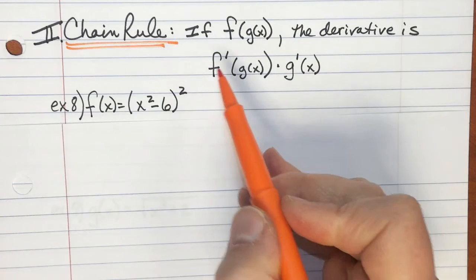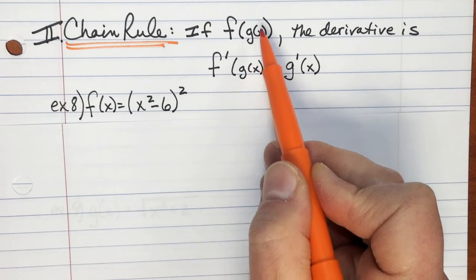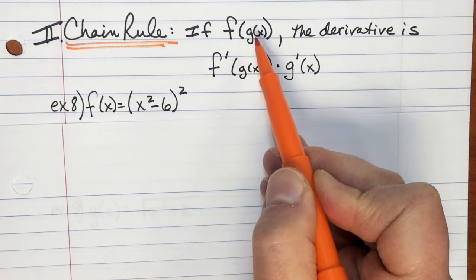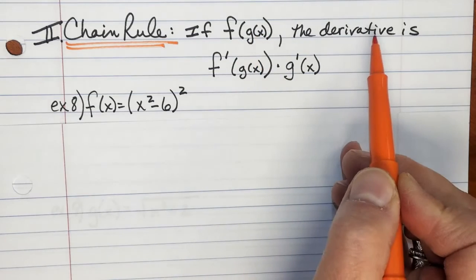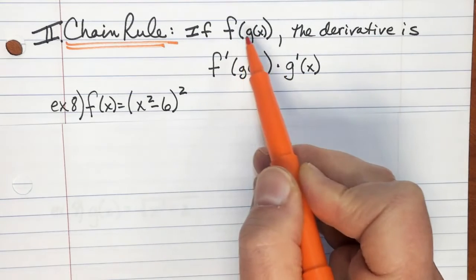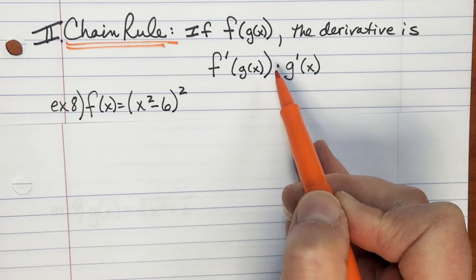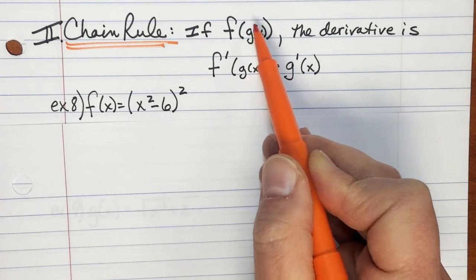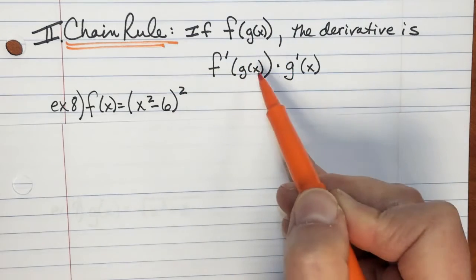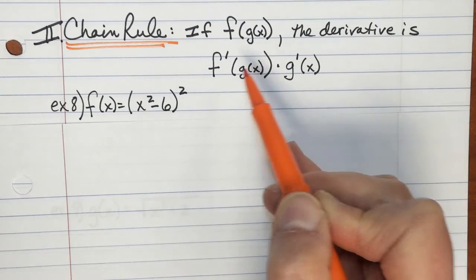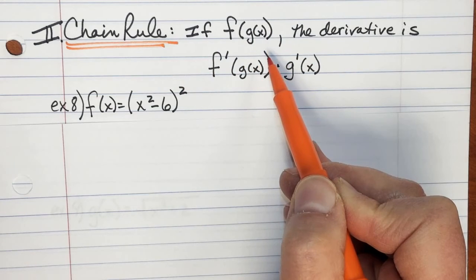If you have a function f and inside you have another function, so you have a composite function, then the derivative is taking the derivative of the larger function, the f, times the derivative of the inner function. So it's called a chain rule because you're linking these together. You're linking the derivatives together. You're unfolding the composite, basically.